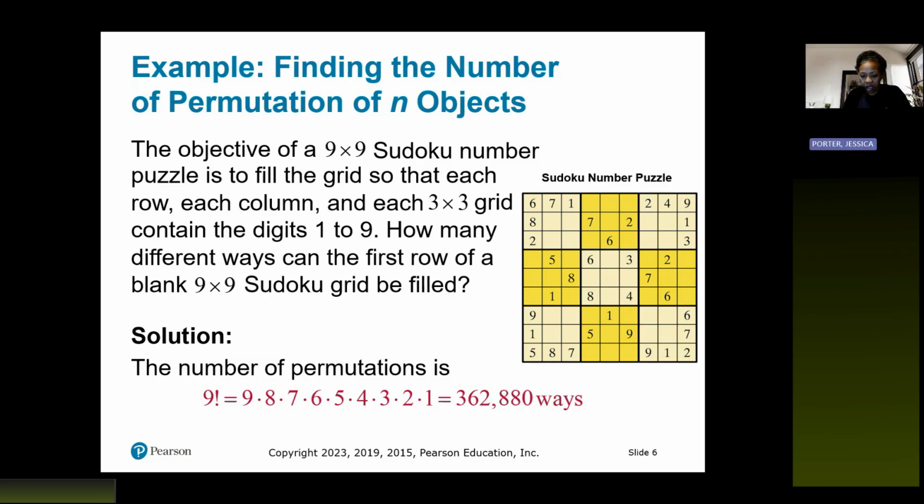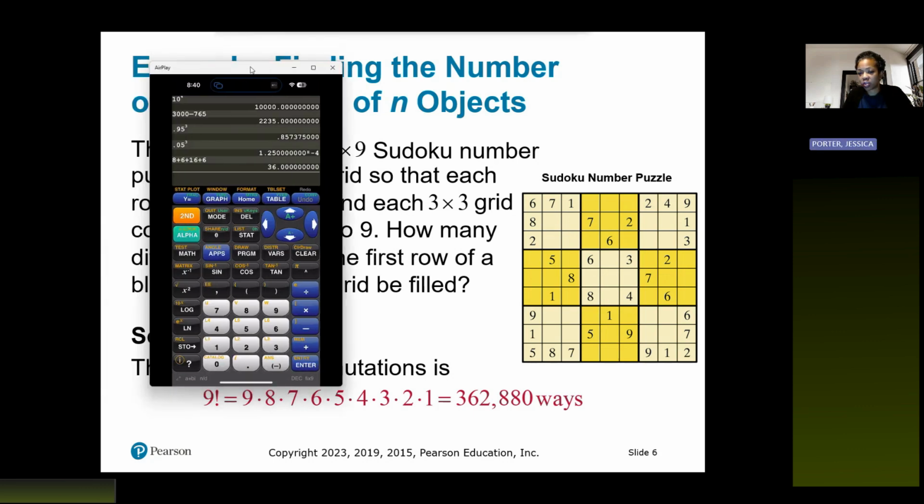And let's look at the two different ways that we can put this into our technology. We'll start with the TI 84 Plus because some people said that they are using this. So for these problems we're going to be in the math menu.